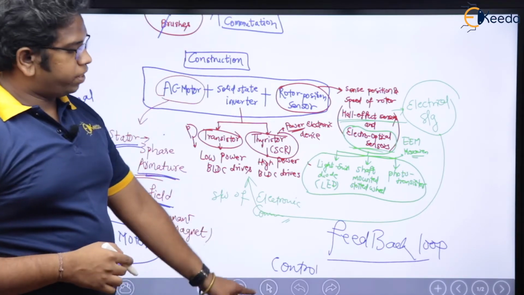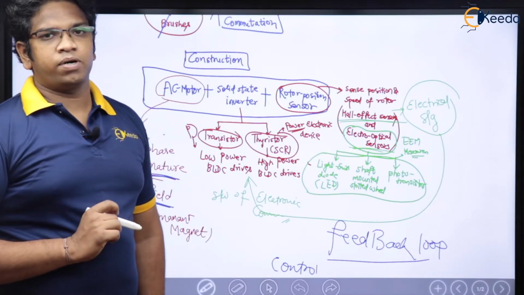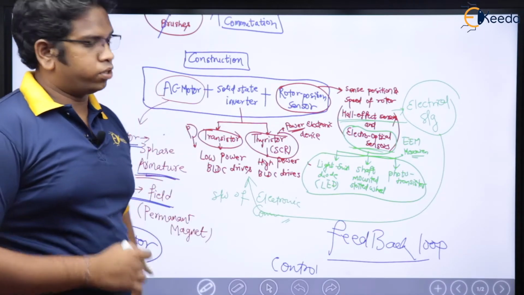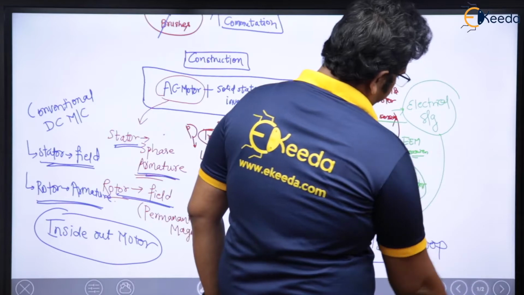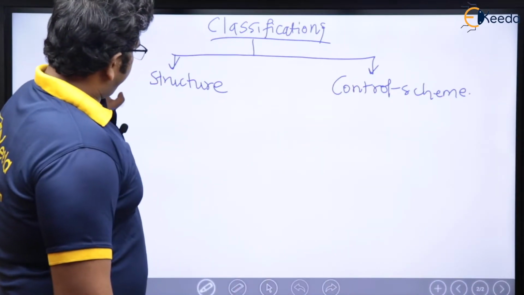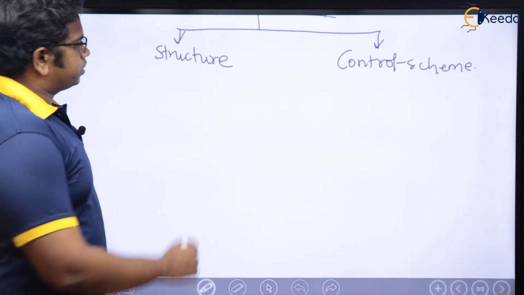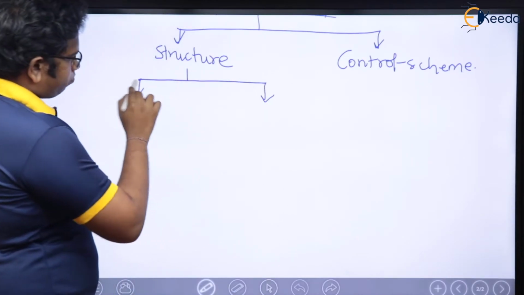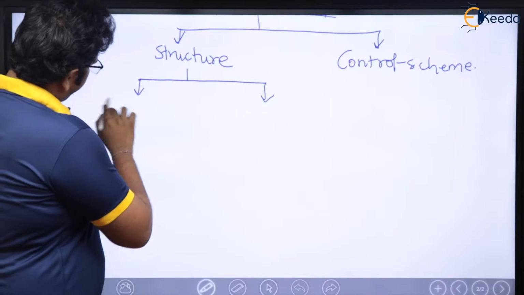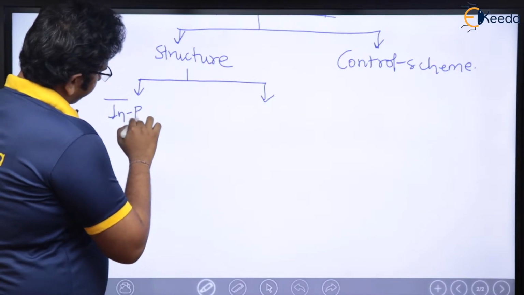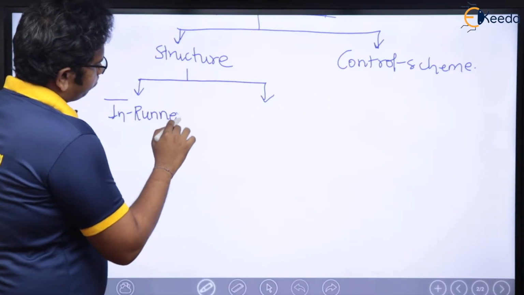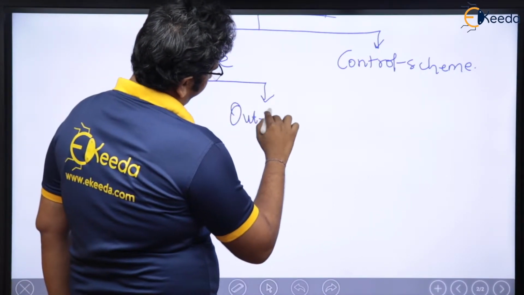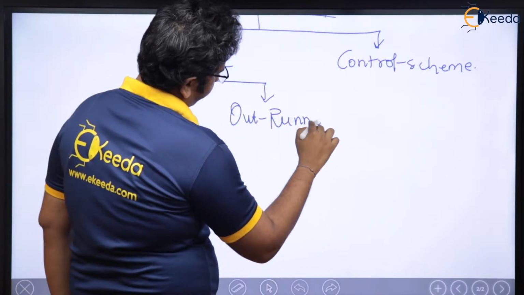So depending on that also, we are going to have different types of BLDC motor. Now let us think from the structure point of view. From the structure point of view, there are two types: the in runner BLDC motor and the out runner BLDC motor. What happens in them? Let us see.